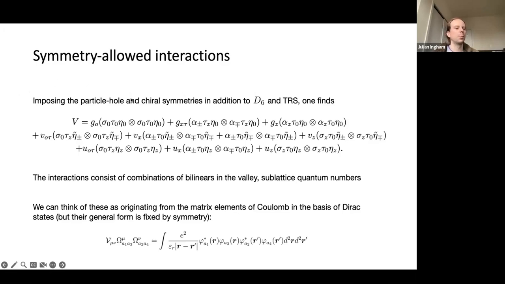So we get a bunch of tensor products that correspond to 4 fermion interactions, which are just matrix elements of the Coulomb. Similarly, if we wanted to include phonons, which I won't consider in this talk, we could integrate out the phonons and we would receive a 4 fermion interaction, which would be of a form similar to this, i.e., a product of fermion bilinears.